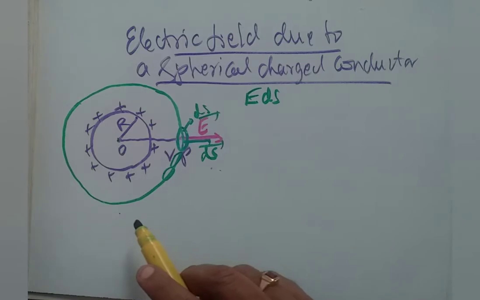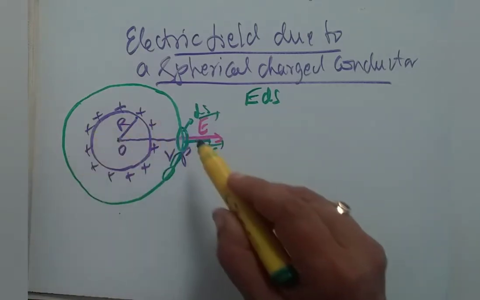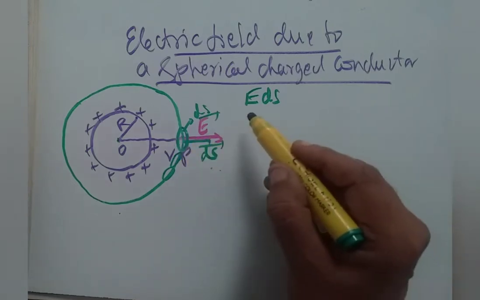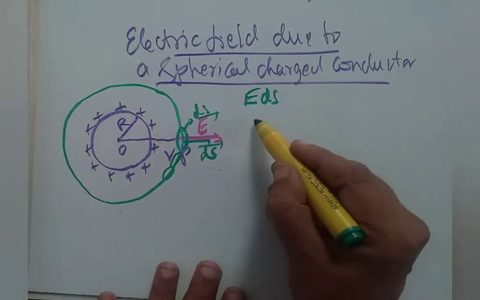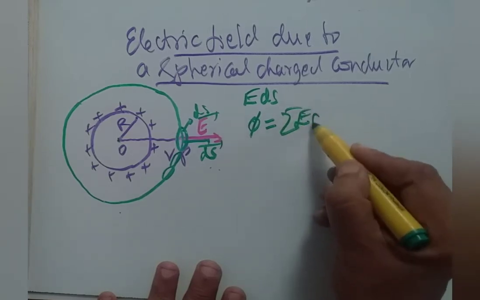Remember, it is a three-dimensional figure, but we have written it on two-dimensional. That's why it seems to be a circle. But many students, when they write the answer, they say this is a circle, but it is not a circle. You always say it is a sphere. This Gaussian sphere, when we take the total area of that, we have to take the spherical area. Therefore, total flux through this whole Gaussian surface, flux phi equals sigma E ds.